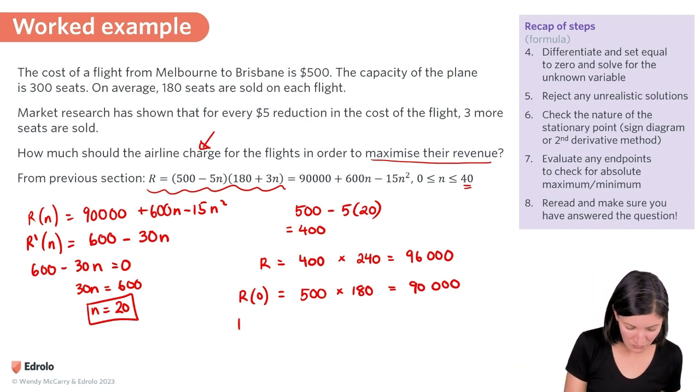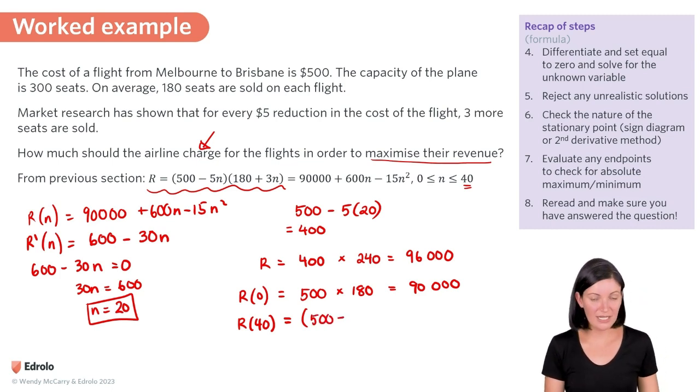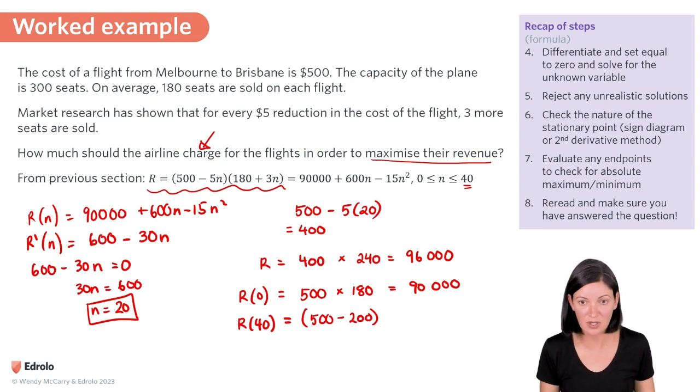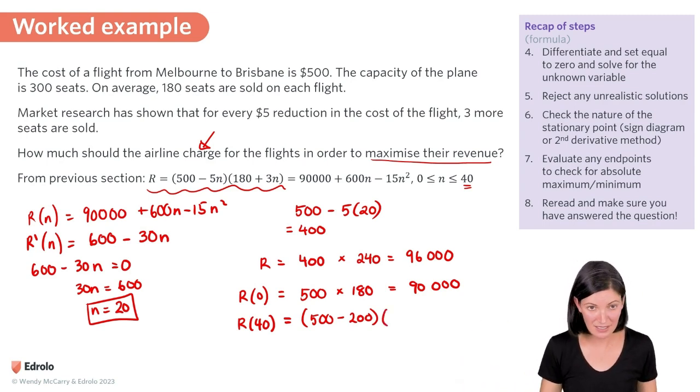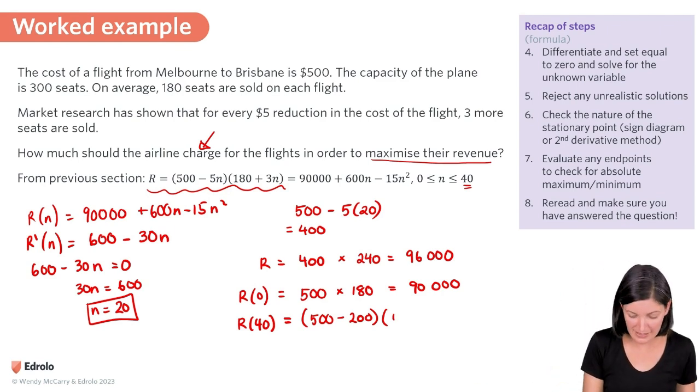If n is equal to 40, that's my other endpoint. My cost would be 500 minus 5 times n, so 5 times 40, which is 200. So the cost would be 300. But that's actually selling my maximum amount of seats. 180 plus 3n would be selling 300 seats.